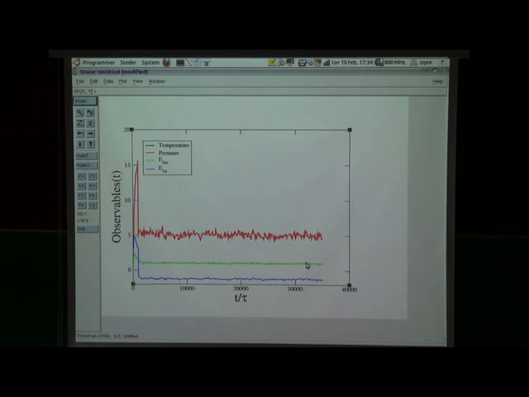In fact, the temperature, the black curve, is exactly identical to the green curve because temperature and kinetic energy are the same thing. And then the total energy drops down, and of course this is because when all the particles are in the minimum of their neighbors, you get minus something. So this will give me the average pressure, the average temperature, and the average energy.